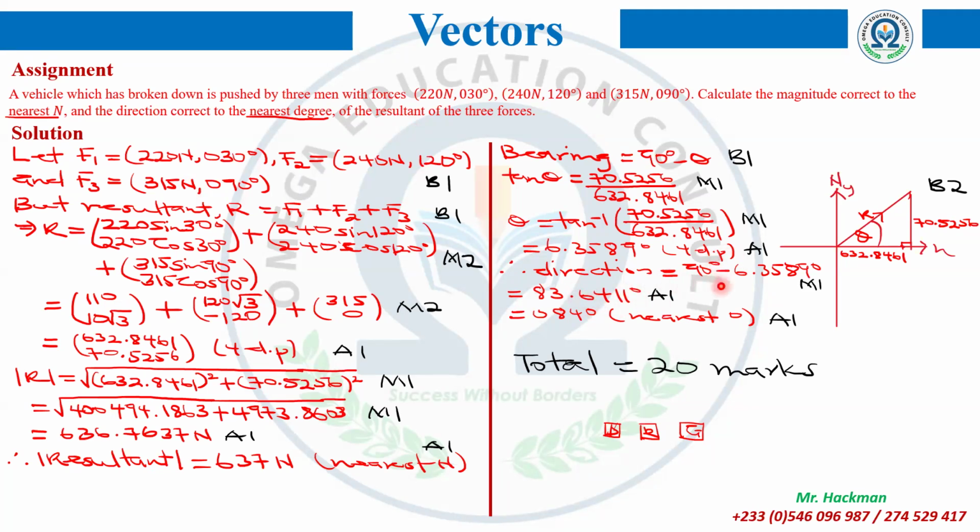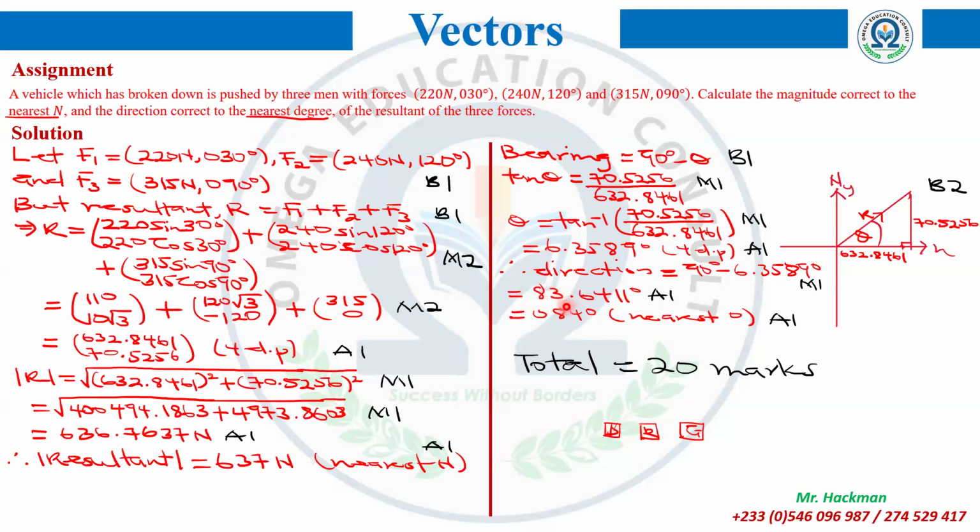So it will be 90 degrees minus this value that you have in 4dp. Somebody can choose to approximate here to 1dp or to the nearest whole number, then you come and subtract. It will be the same thing. Because you know that the answer being required must be to the nearest degree, you can equally do so. So if you come and subtract, you will get this. But you know that in bearing, angles are given in 3 digits.